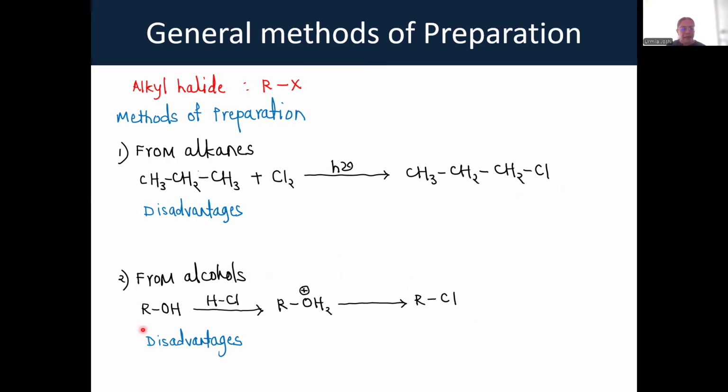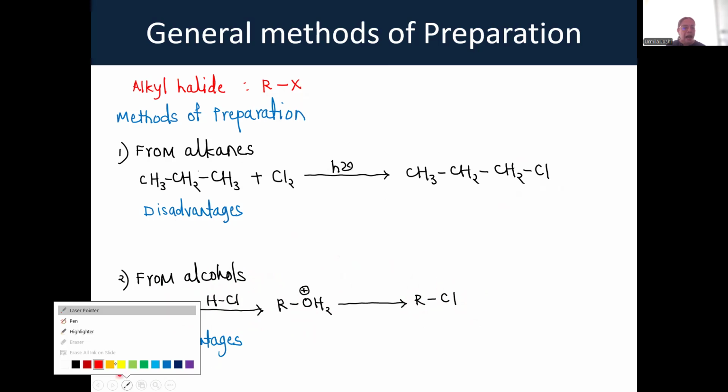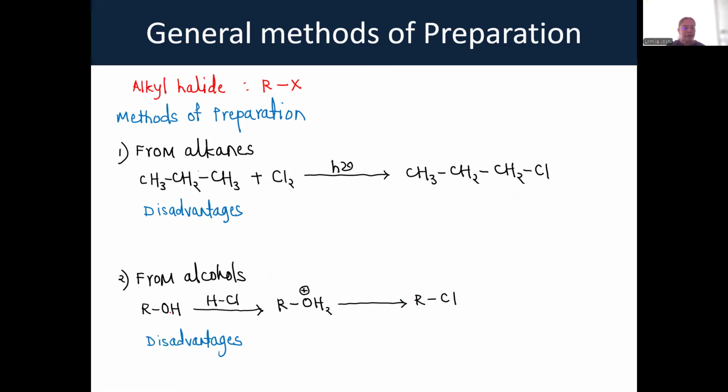But the disadvantage is this reaction requires acidic conditions, and if the other part, that is this R, is susceptible to degradation under acid, then this method cannot be used. But there is another method that has been used in such circumstances, and that method consists of treating the alcohol with CH3SO2Cl. So what happens?